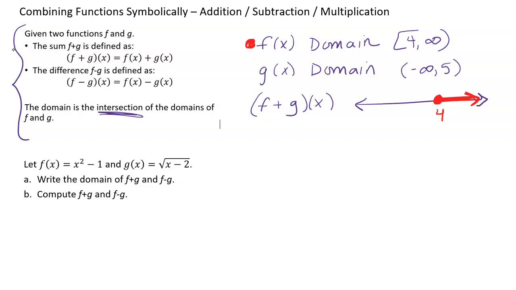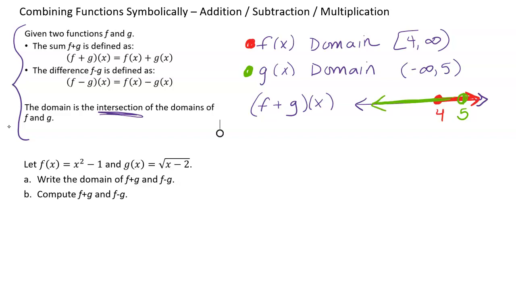And then for my g of x function, I'll switch to a different color, green. And that is an open circle, so imagine an open circle at 5 and going to the left.